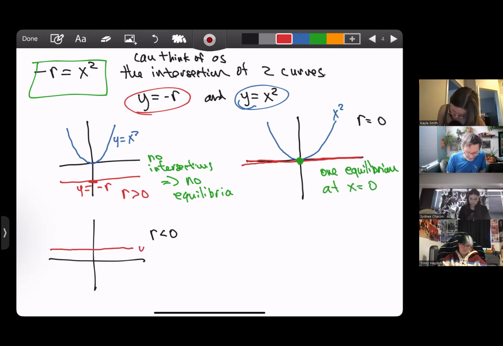So there's y equals negative R, and we've got our parabola, and now we've got two equilibria. This is what Kayla was talking about earlier: that one equilibrium has split into two. And you can literally see this.